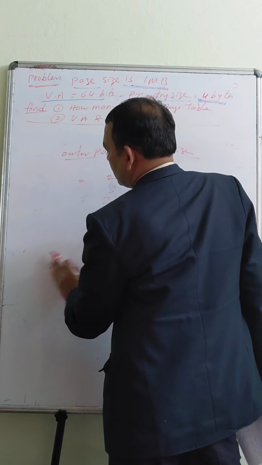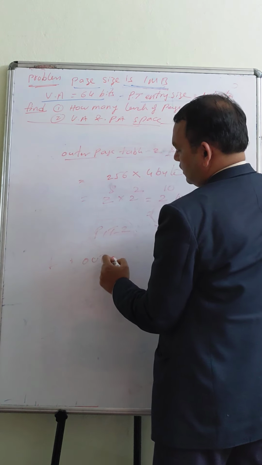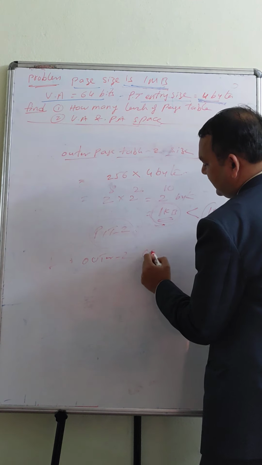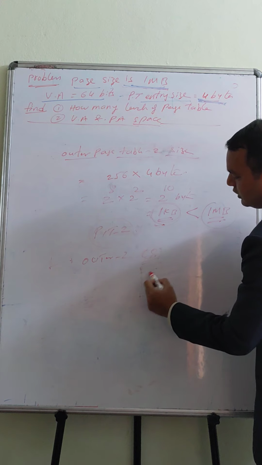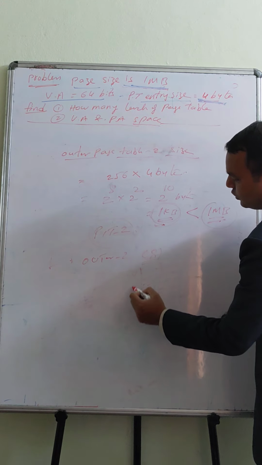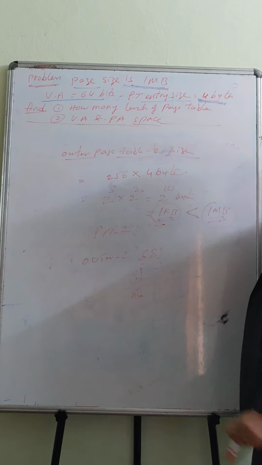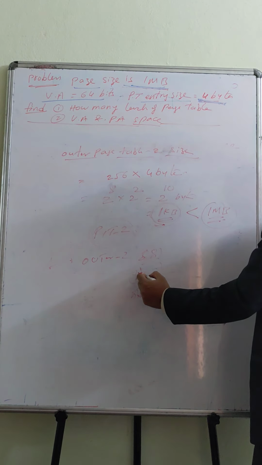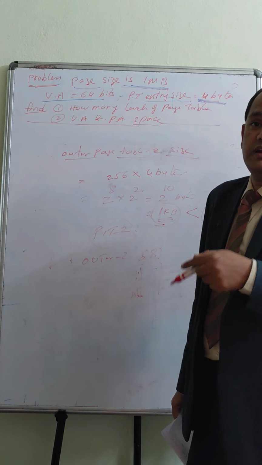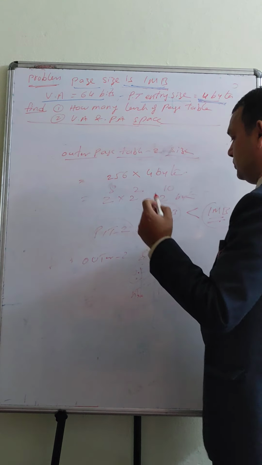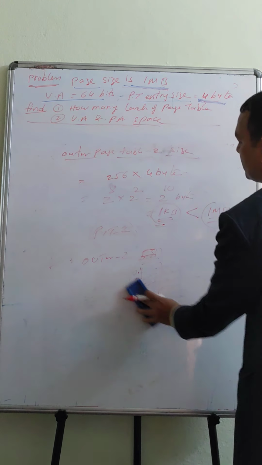Only 8 entries, because outer page table 2 stores page table 1 entries 0 to 255, and to store this we need only 8. Now let us see pictorially. We'll represent this diagram.